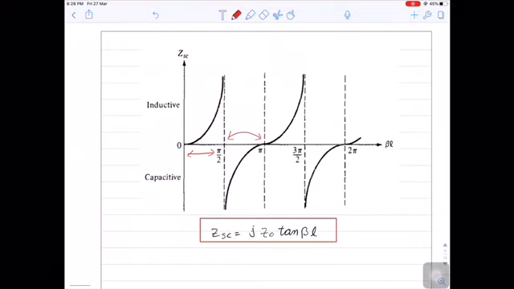That means the same transmission line will act as a capacitor. From pi to 3 pi by 2, again it acts as an inductor. From 3 pi by 2 to 2 pi, it acts as a capacitor.